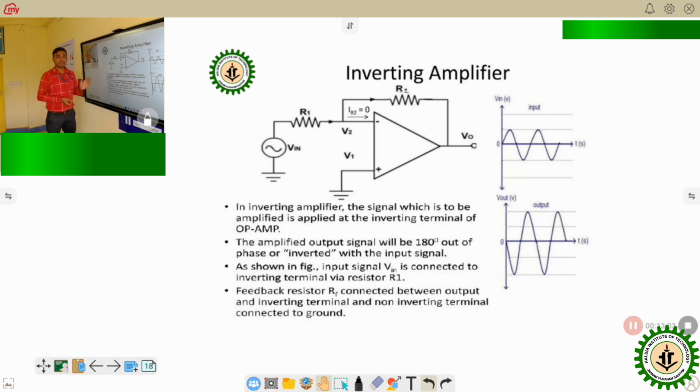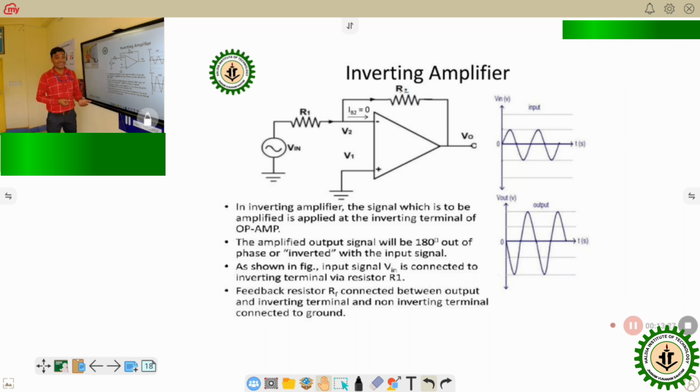Inverting means whatever input we apply, the output has a 180-degree phase shift. That can be seen from the input and output waveforms. There is clearly a phase shift, and obviously a gain appears in the output.